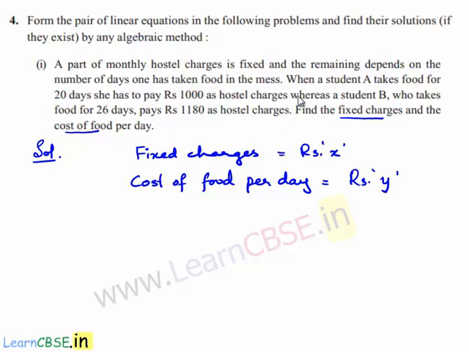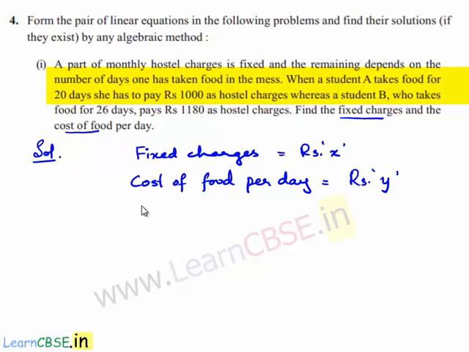Now, according to the given problem, when a student A takes food for 20 days, she has to pay rupees 1000 as hostel charges. Whereas the student B who takes food for 26 days pays 1180 rupees as hostel charges.